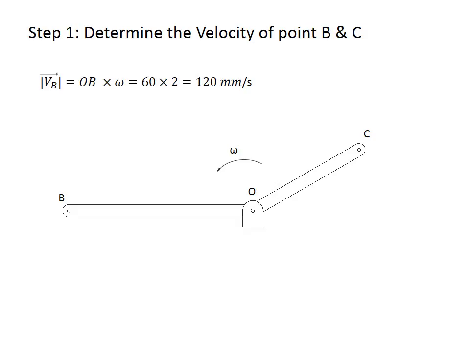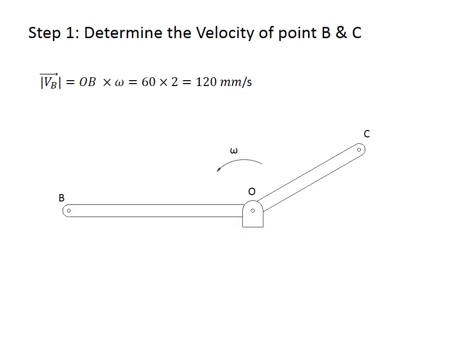The velocity of the point B is equal to the radius times angular velocity, and that's a linear velocity of that point. Here, the radius of the point B, which is turning around point O, is equal to the OB, which is 60 millimeter, times the omega of the system, which is 2 rad per second.